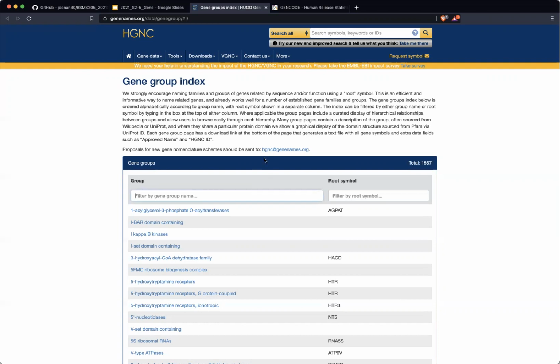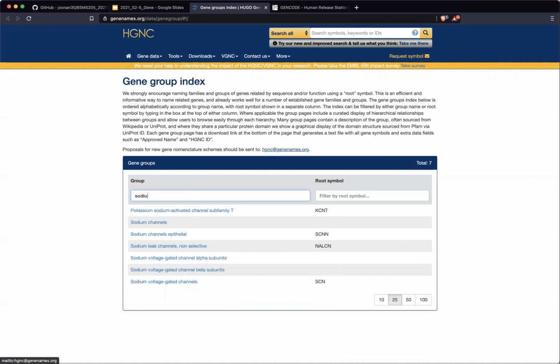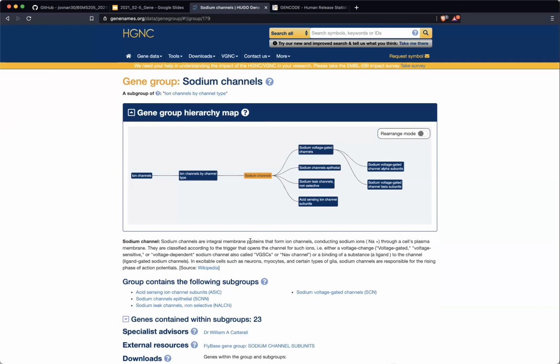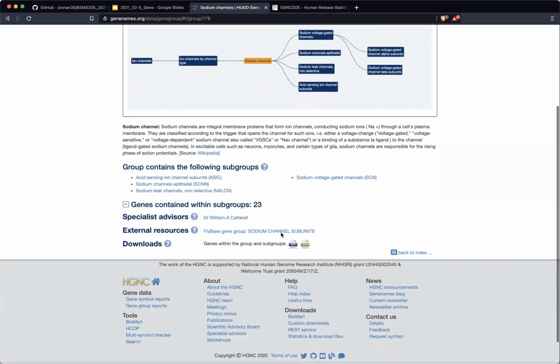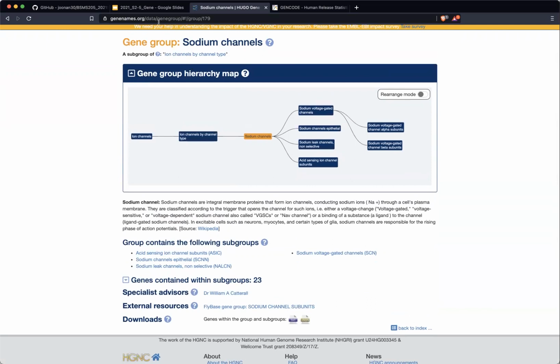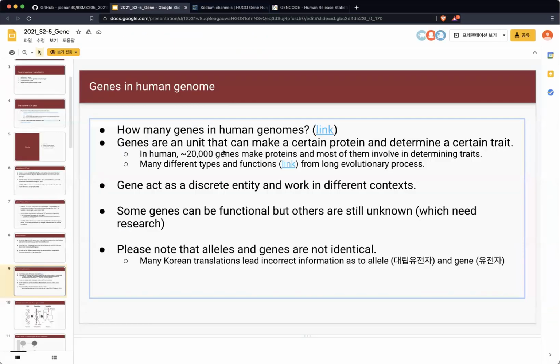You can search from here whatever gene group you want. My favorite is the sodium channel. Search the sodium channel, then see which genes belong to this group. Click the sodium channel, and you can see how the genes have functional relationships between biological terms and how many genes are within these functional groups. All of this information you can easily find by searching the database.